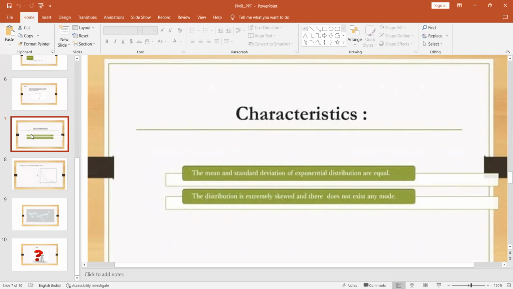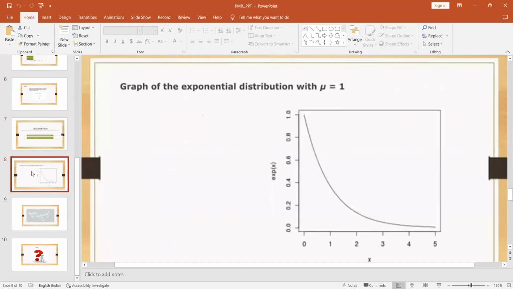Next is the graph of the exponential distribution with mu equal to 1. You can see the graph here.